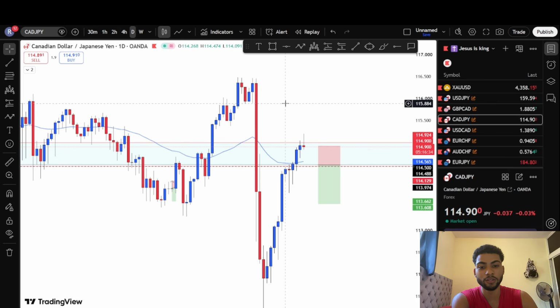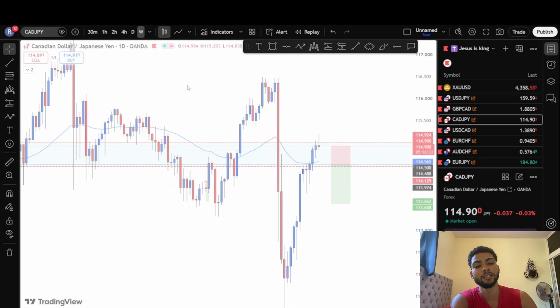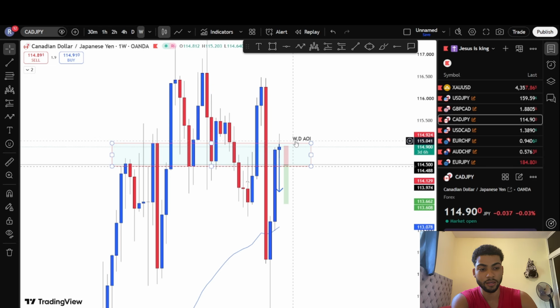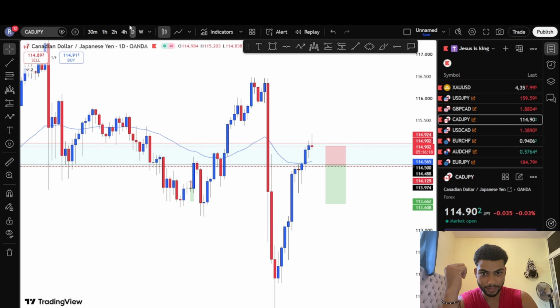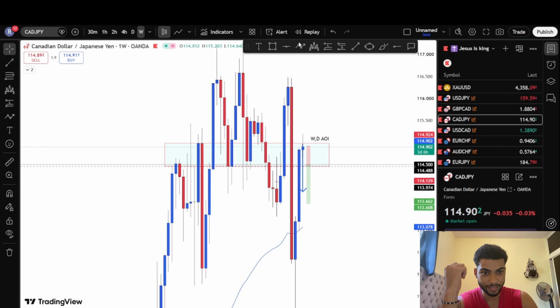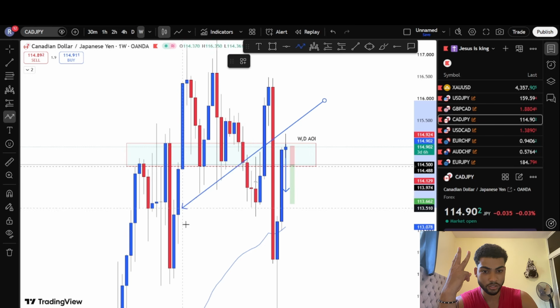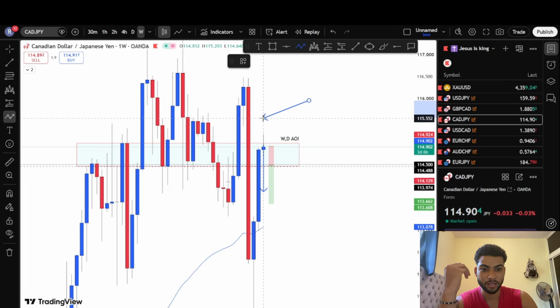And this is something that I love to see: when an area of interest on the weekly also overlaps. I don't know if that's the right word, but it's when an area of interest on the weekly happens to also be an area of interest on the daily. As I said before, an area of interest needs to have a minimum of 3 touches. In this case, I have one touch, two touches, and then three touches.